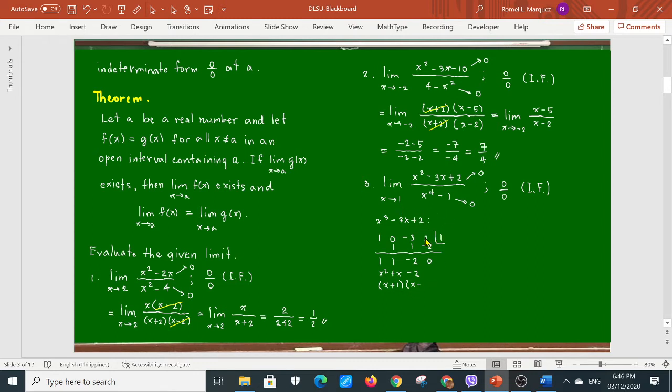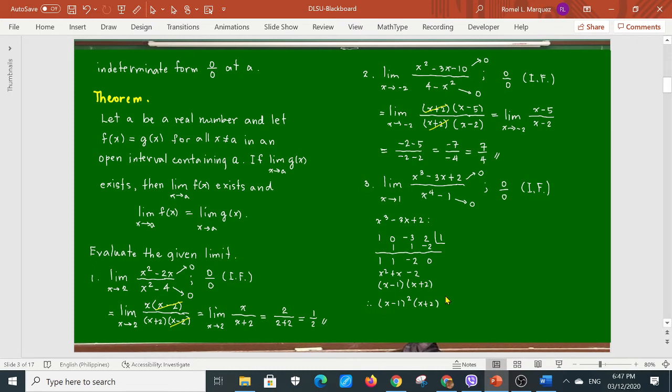You have x minus 1 as a factor, not x plus 1. If you have 1 here, x minus 1 is a factor, and then the other factor is x plus 2. So what is now the factored form of x cubed minus 3x plus 2? We now have x minus 1 quantity squared, then x plus 2.